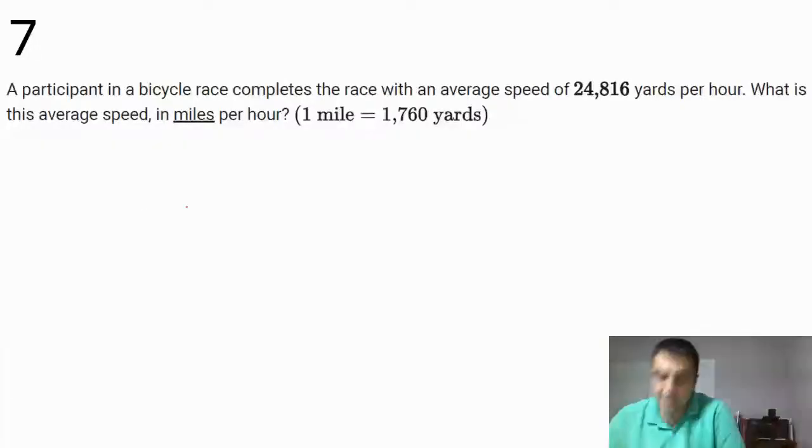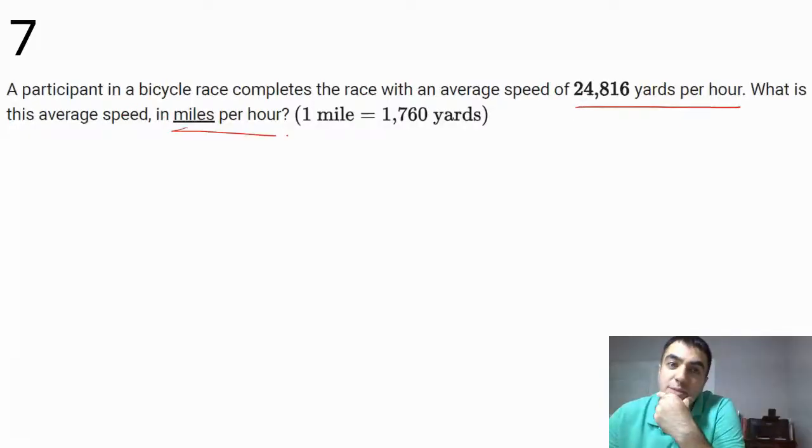Let me explain, Mr. Ismail. A participant in a bicycle race completes the race with an average speed of this many yards per hour. What's this average speed in miles per hour?